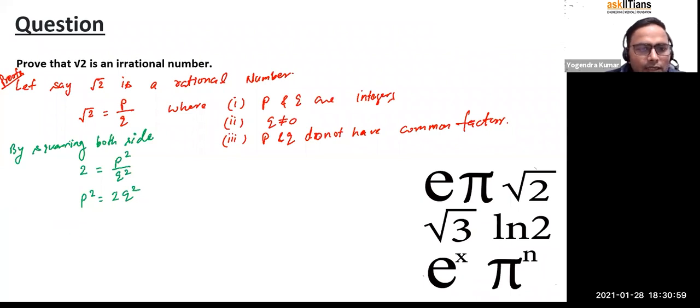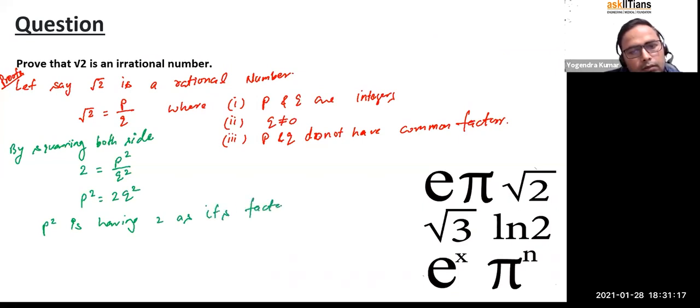So we say p square is having 2 as its factor. Now we understand that p is an integer. If p square is having 2 as its factor, then for sure p must have 2 as its factor.